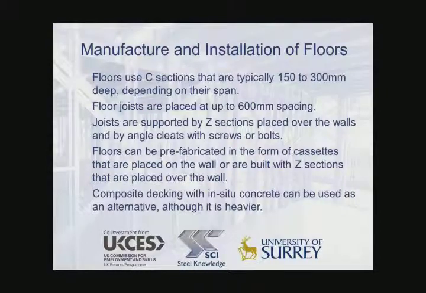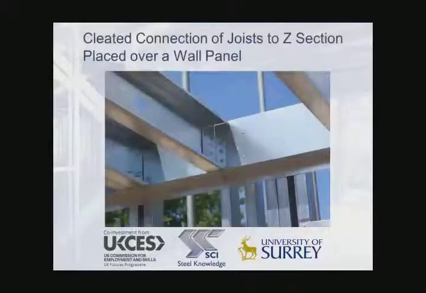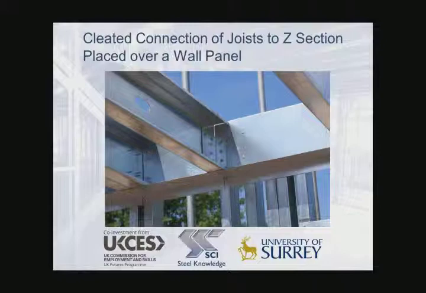Composite decking may be used as an alternative with on-site placed concrete, although it is much heavier than joisted construction. Here we see a typical cleated connection of joist to a Z-section placed over a wall panel, in which the number of screws is dependent on the loading applied to the joist.